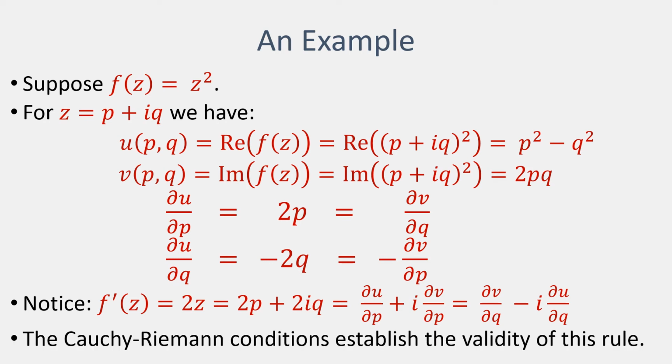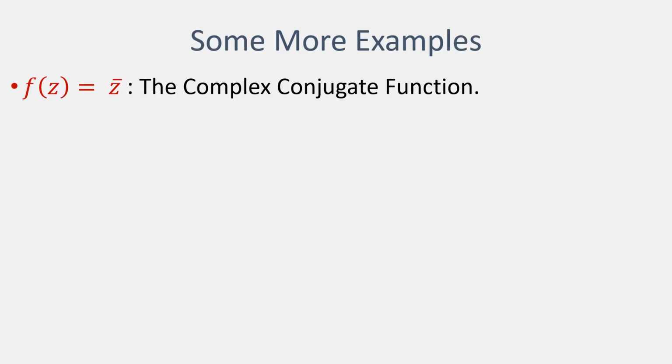So the Cauchy-Riemann conditions, in effect, have established that this rule for differentiating powers is valid in the case of complex numbers in exactly the same way that it's valid for real numbers.